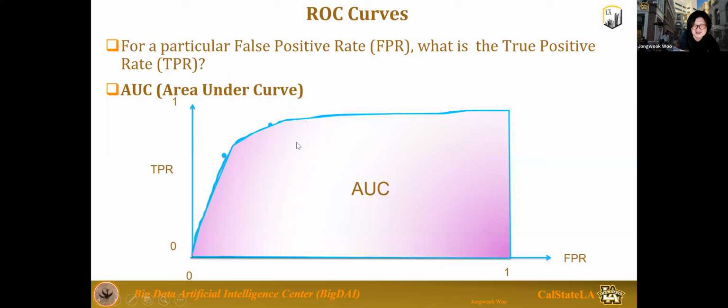Even though the area under the curve is less than 1, it is still close to 1. So the model that can build this kind of curve and area should be better than random prediction. Okay.